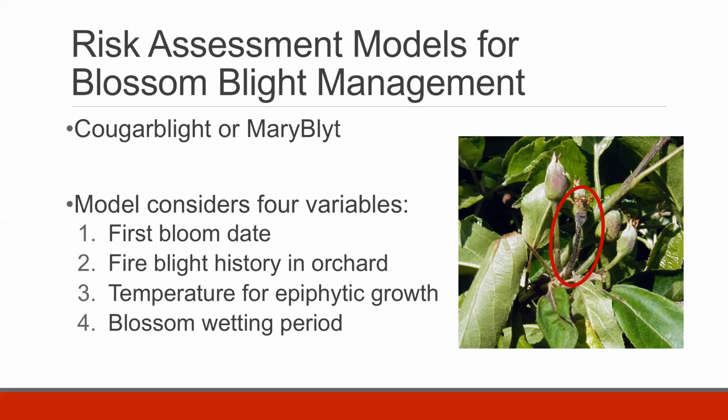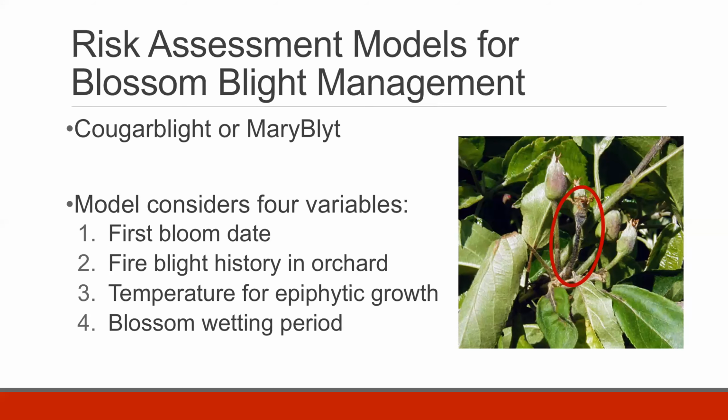And both of these models consider 4 main variables. The first variable is first bloom date. They also consider fire blight history in the orchard, which is considering the presence or absence of inoculum in the orchard or in nearby orchards.